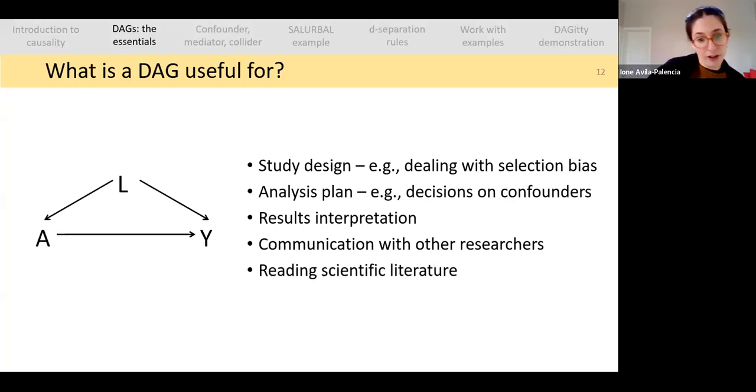And another thing that I personally think is very useful is drawing a DAG while you are reading a scientific paper. It's always good to have this reference to really follow and understand what the authors are explaining to you.